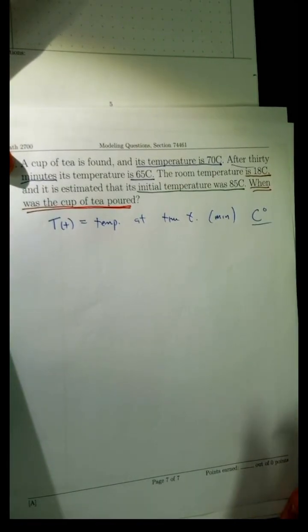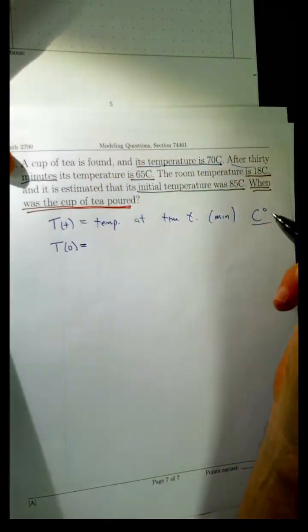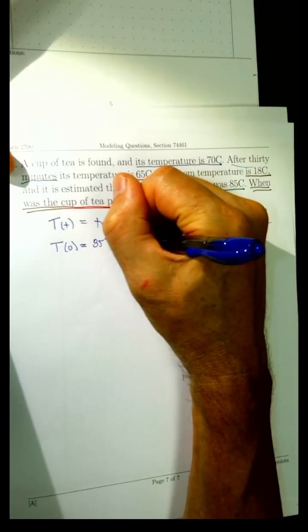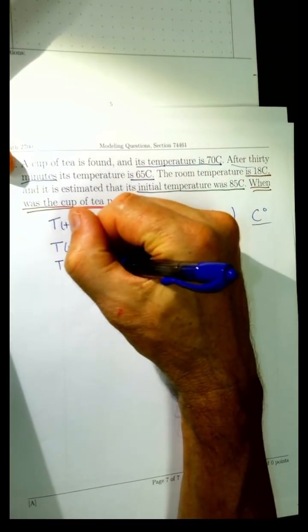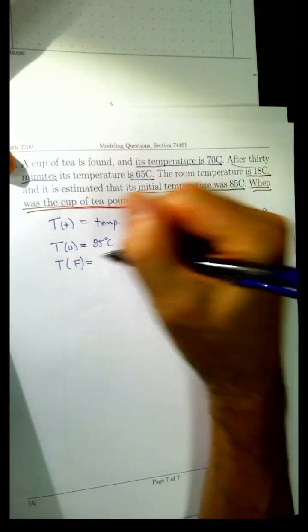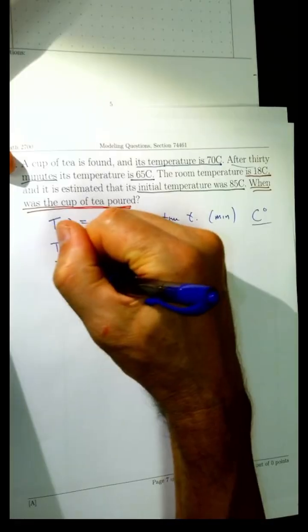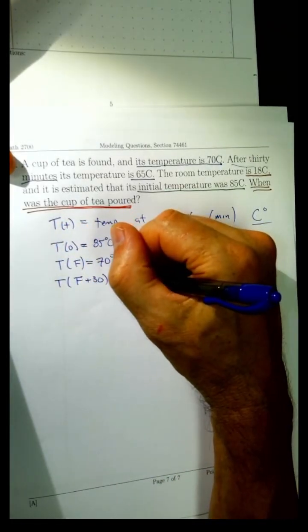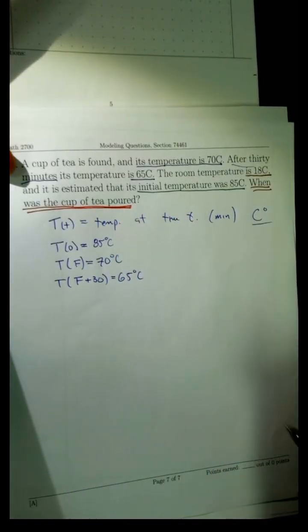All right, and we know that T initial is 85. We know that when we found it, it was 70 degrees Celsius, and after we waited 30 minutes, it was 65 degrees Celsius.